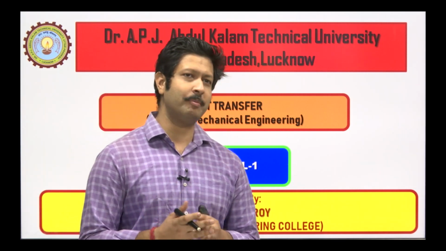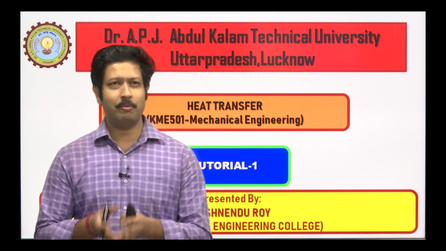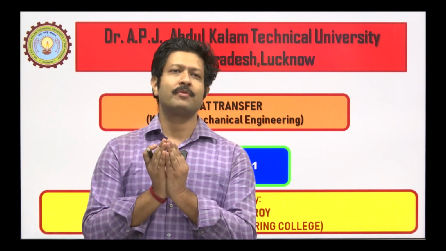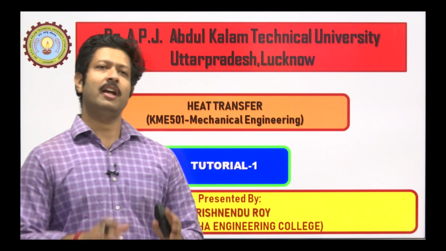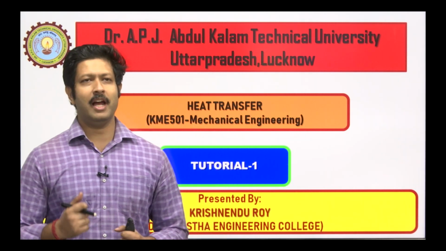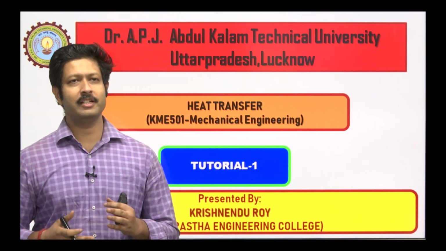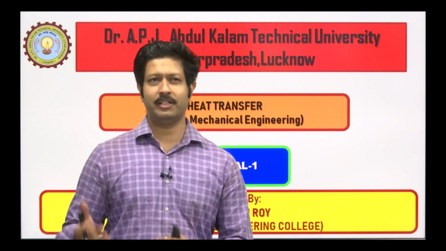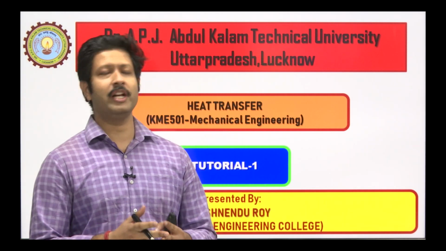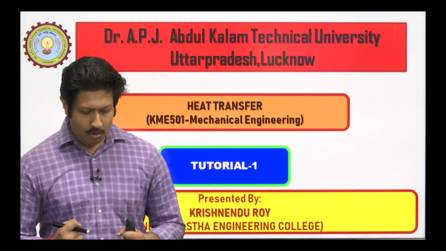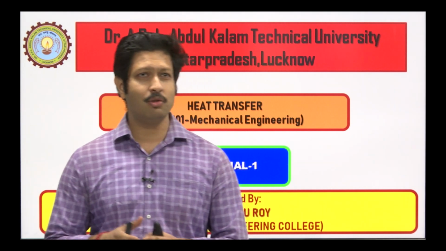Conduction through plain wall, composite wall, plain cylinder, composite cylinder, sphere, composite sphere, and that sort of thing. We have also done the derivations for the 3D heat conduction equation in Cartesian, cylindrical and spherical coordinates. The journey had been very nice, and now we are into unit 2.